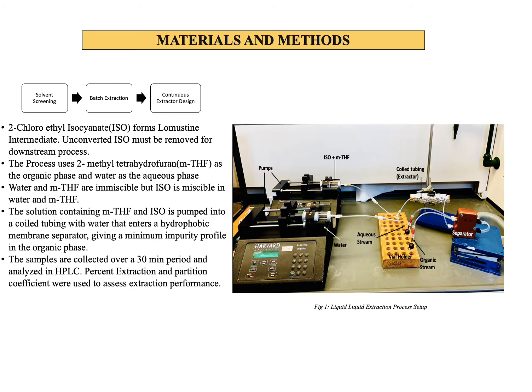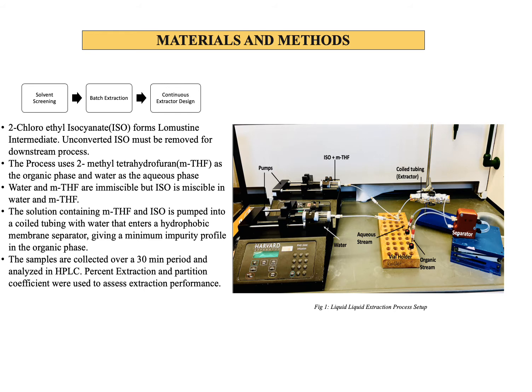Then we moved on to our batch extraction step, where we conducted experiments in a batch setting. Once our ideal results were achieved, we moved on to the continuous extractor design, where we used syringe pumps to pump the liquid into a coiled tubing which served as our extractor, and which was further fed into a separator having a hydrophobic membrane separating out the aqueous and the organic stream.